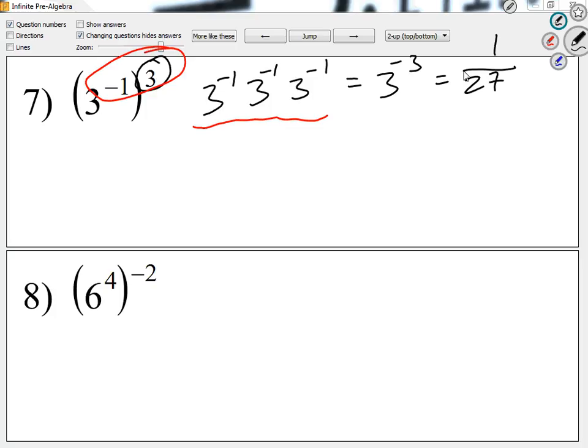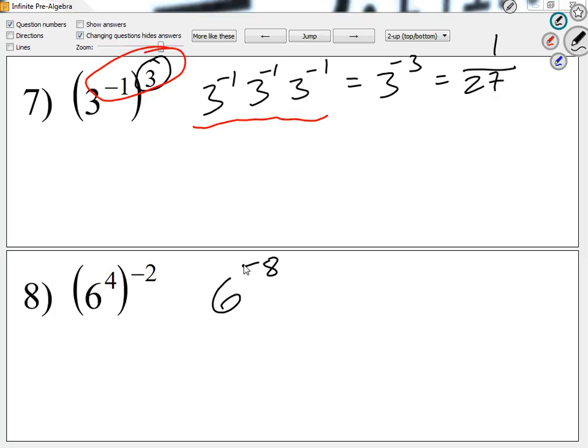Looking at question number 8, I can easily go 6 to the -8. Now once again, I multiply my exponents, 4 times -2. And then 6 to the 8, let me get a calculator for that.